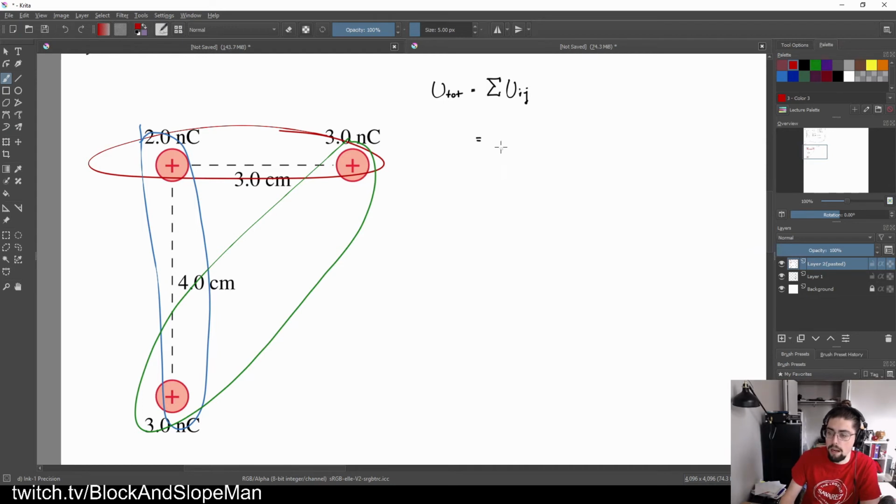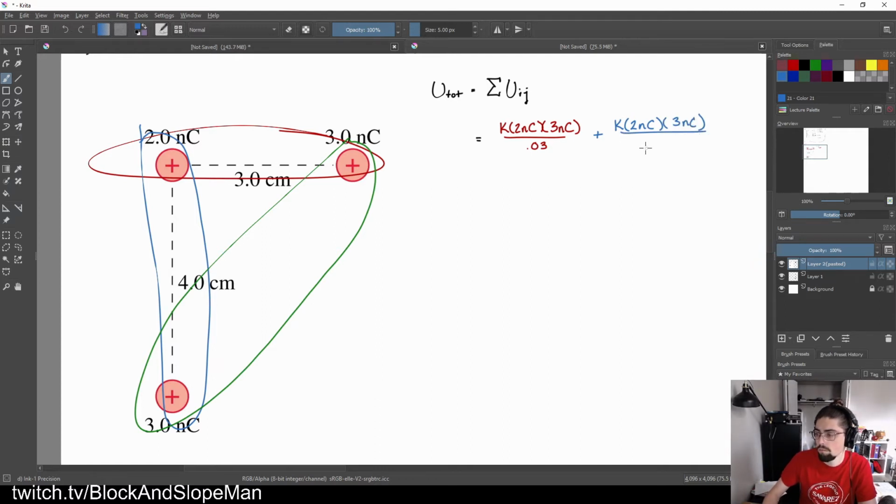So for my red pair, what I'm expecting to see here are my top 2. So this is going to be K times 2 nanocoulombs times 3 nanocoulombs over 0.03. Blue pair, K times 2 nanocoulombs times 3 nanocoulombs over 0.04.